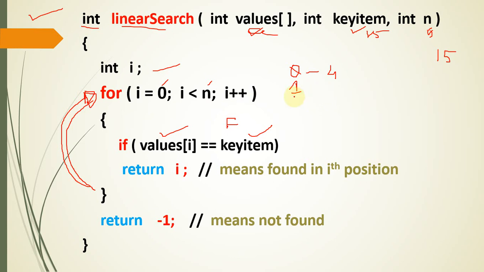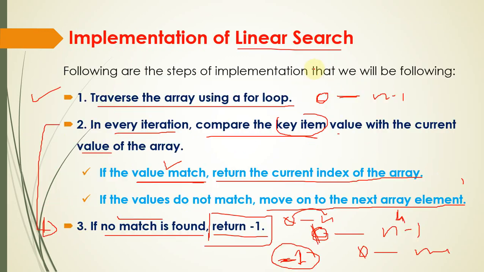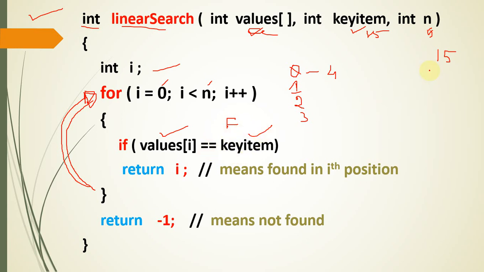In the third iteration, the i value is now 2. I think it is 9. 15 is not equal to 9, so again you will go on. In the fourth iteration, when the i value is 3, say A of 3, the key item is 15 and here it is also 15. 15 equal to 15, yes, now the condition becomes true.